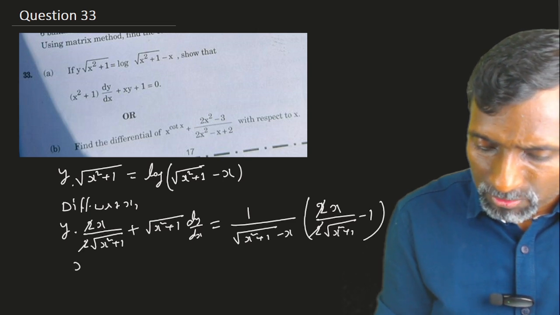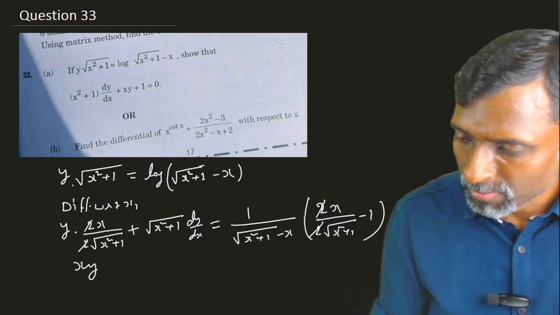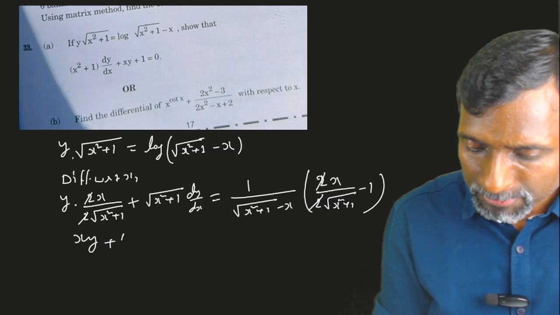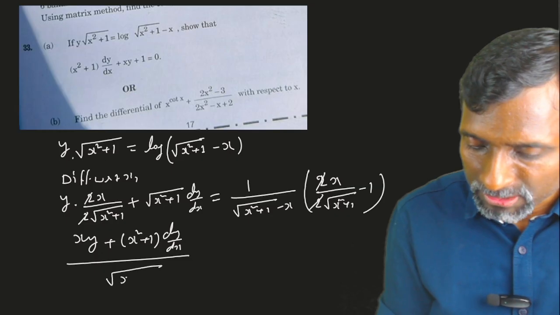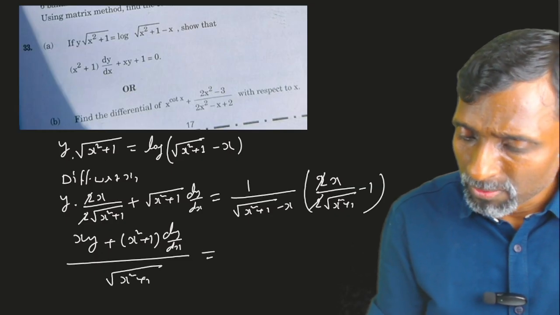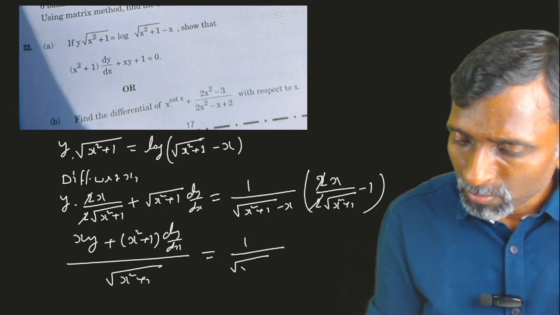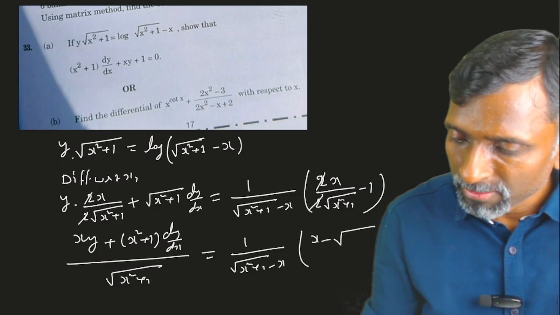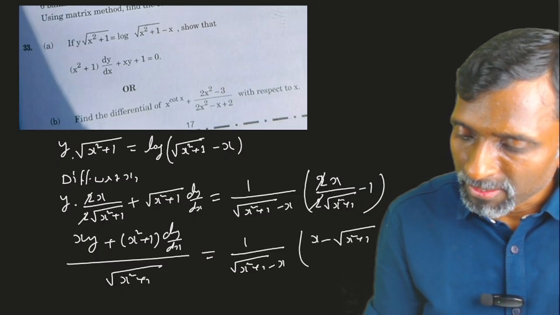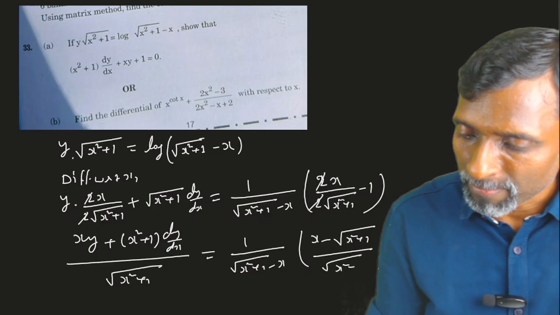If we take the LCM, it should be xy plus x square plus 1 dy by dx, divided by root over x square plus 1, is equal to 1 by root x square plus 1 minus x, multiplied by x minus root x square plus 1 divided by root x square plus 1.